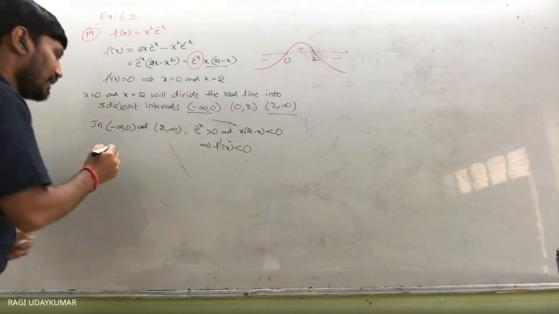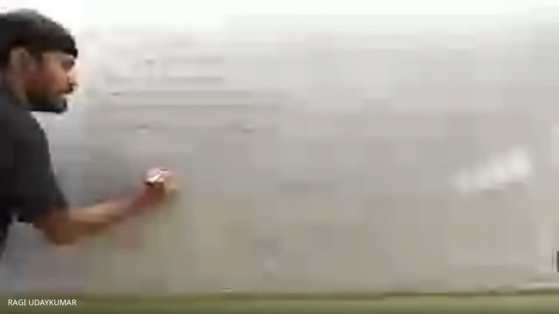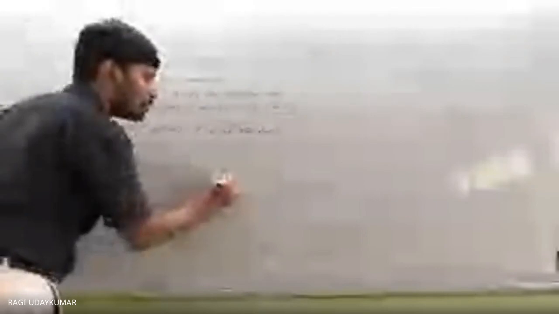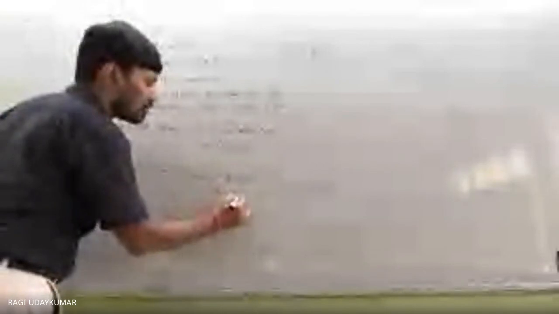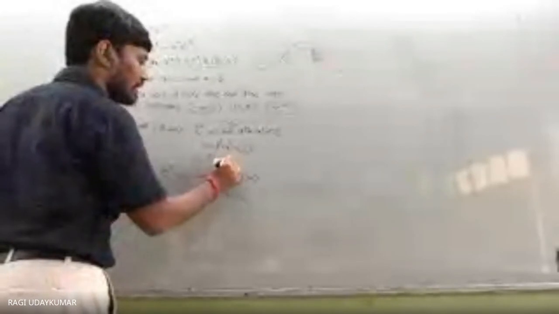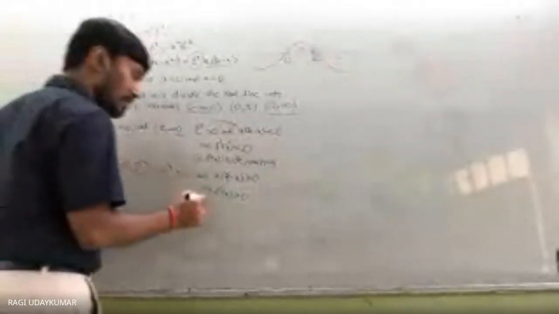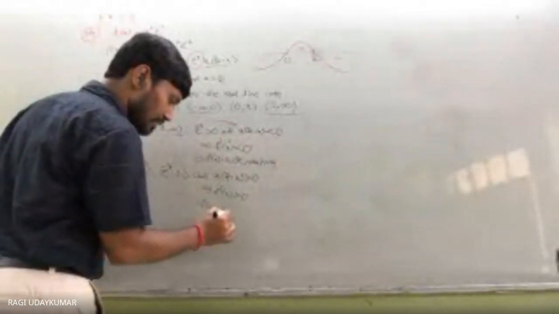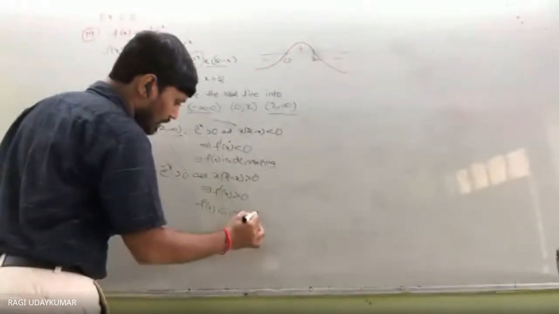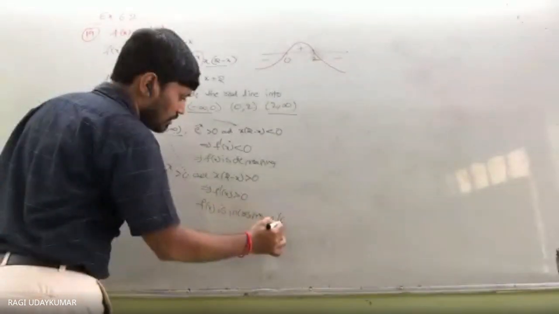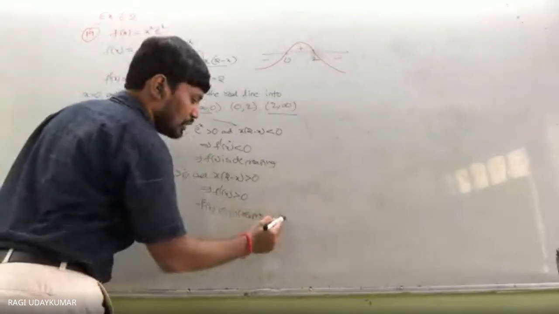So in 0 to 2, e power minus x is greater than 0 and x into 2 minus x is also greater than 0. Then this implies f dash of x is also greater than 0. So this implies that f of x is decreasing in these two intervals, and f of x is increasing in 0 to 2.